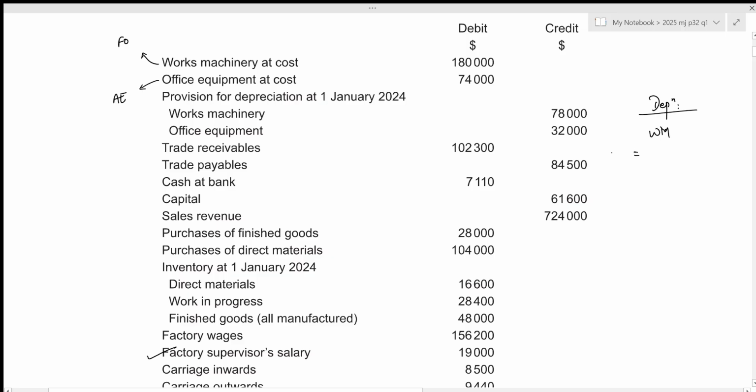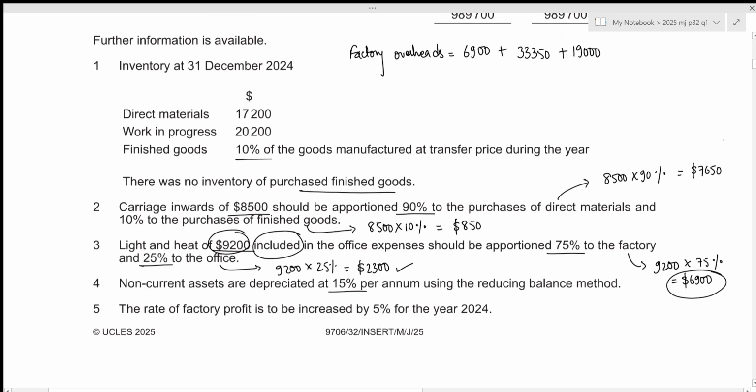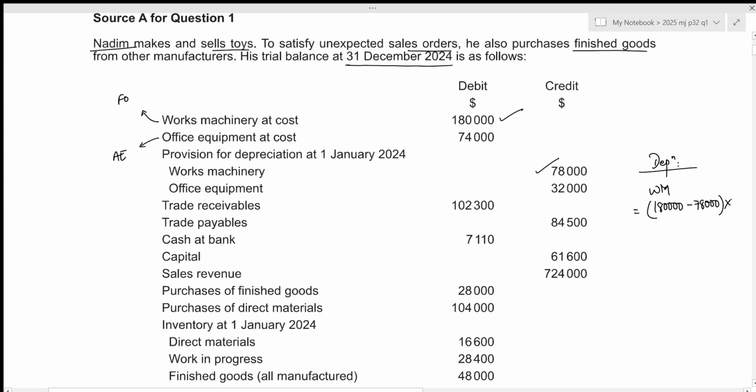It is a reducing balance method, so cost minus accumulated depreciation, and we do not have any information regarding purchases during the year or disposal during the year. Now times the rate. The rate given in this case was 15%. So the depreciation on works machinery will result in the value of 15,300.